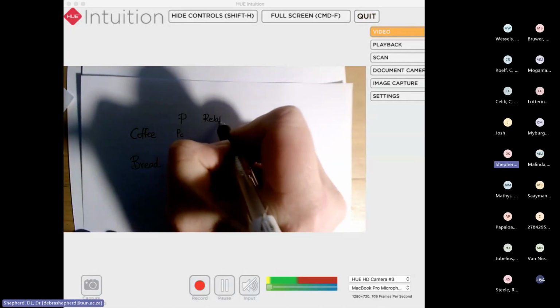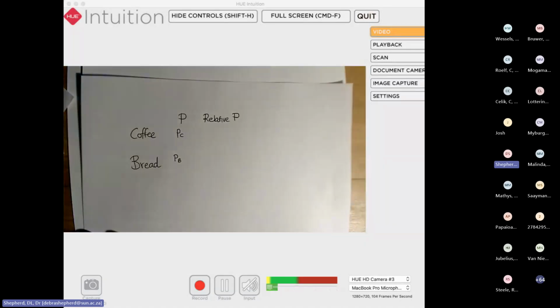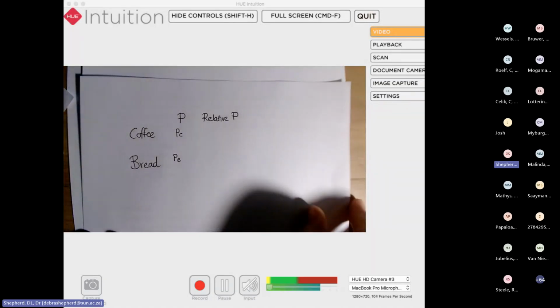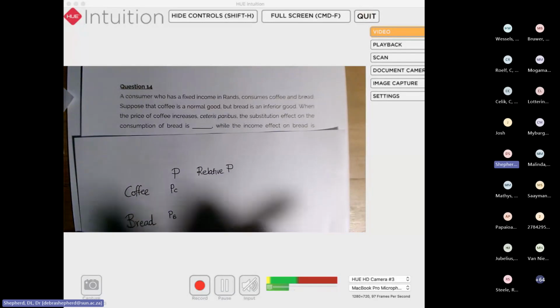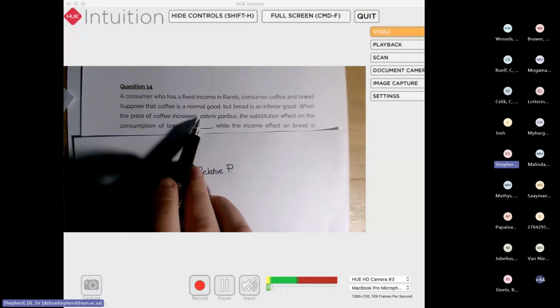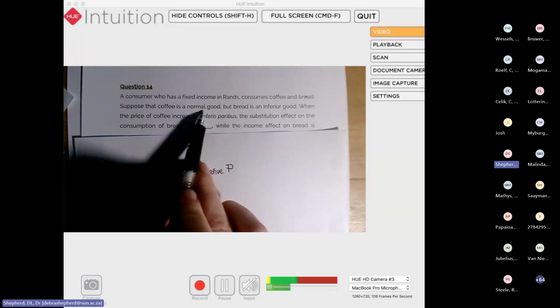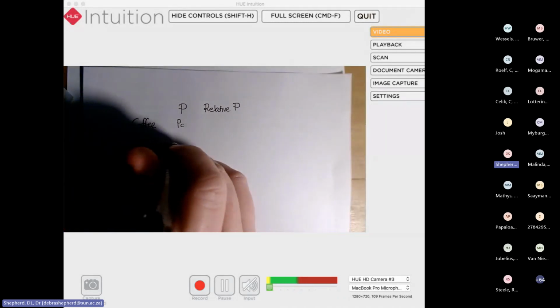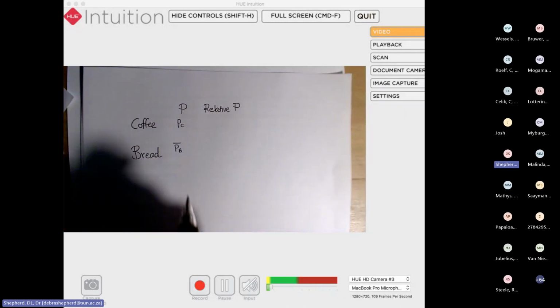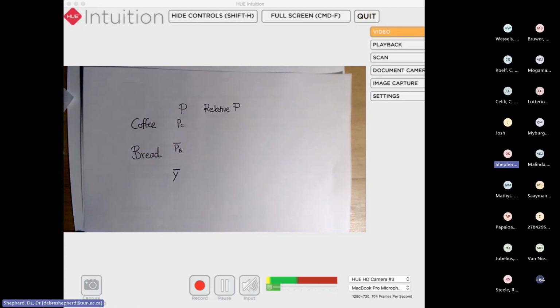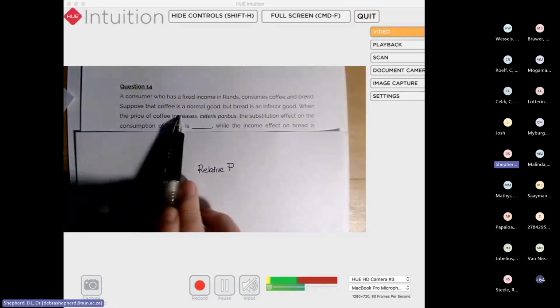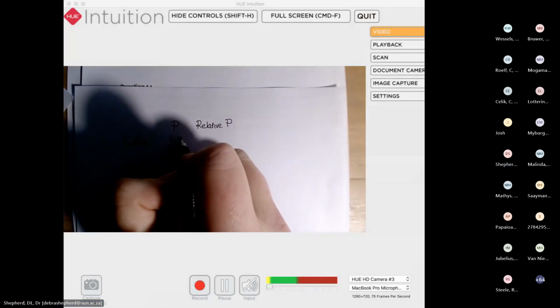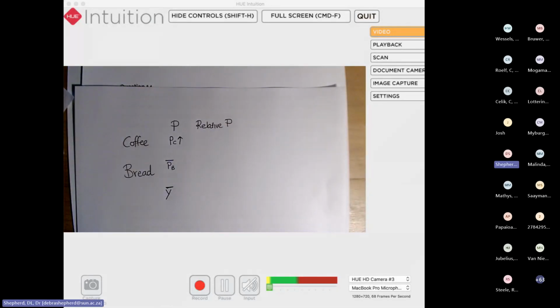Then we have a relative price. In this question, it tells us that the price of coffee increases, ceteris paribus. Now, what does that ceteris paribus mean? That ceteris paribus means that the price of bread doesn't change and this consumer's income doesn't change. I'm just using this bar to represent doesn't change. But the price of coffee goes up. So this is what is happening.